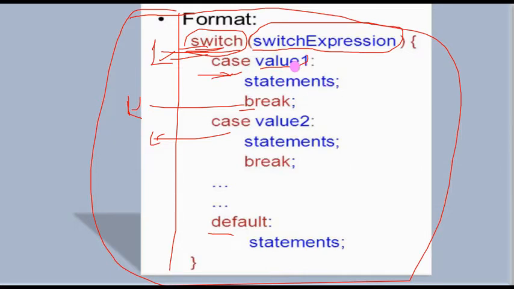But if the switch expression does not match constant value 1, this statement is ignored, and with break it jumps to the next case. Then if the switch expression matches constant value 2, this statement is executed; if not, it is discarded. Finally, if the switch expression does not match any case, the default statement is generated.